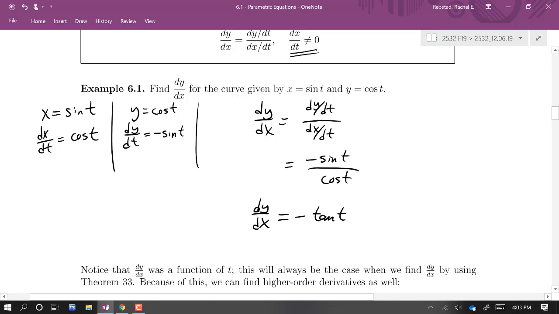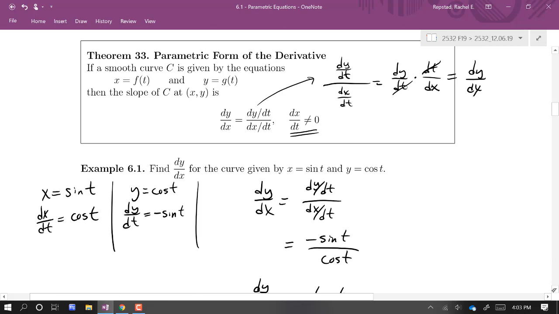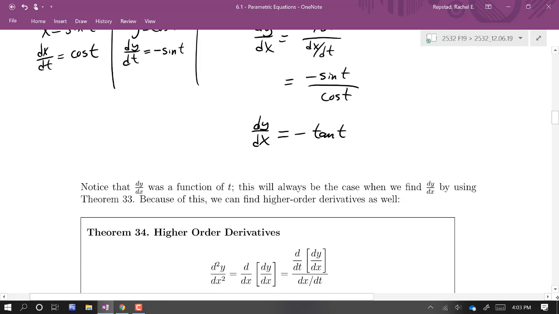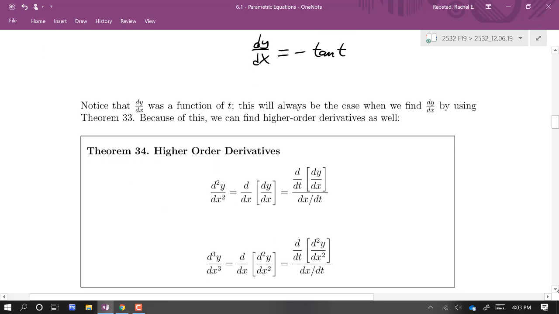We can use the same definition up here, or in Theorem 33, to find higher derivatives. So if we move down here into Theorem 34, I'll talk about it in a little bit of detail for the second derivative. When we find the second derivative, d squared y over dx squared, that is the derivative with respect to x of dy/dx.